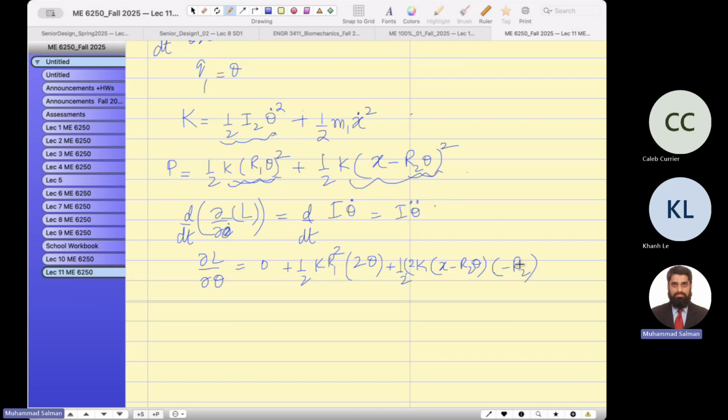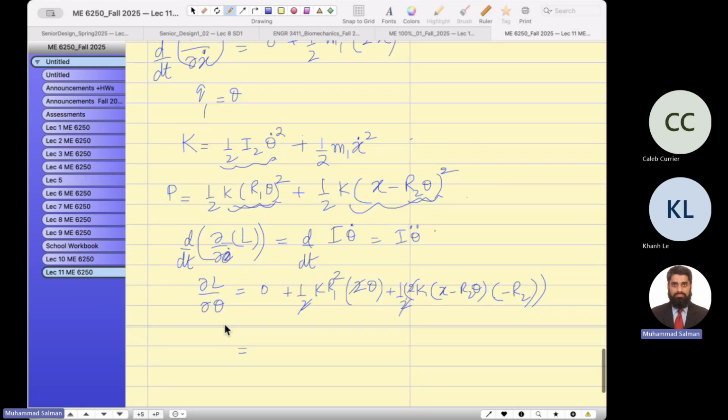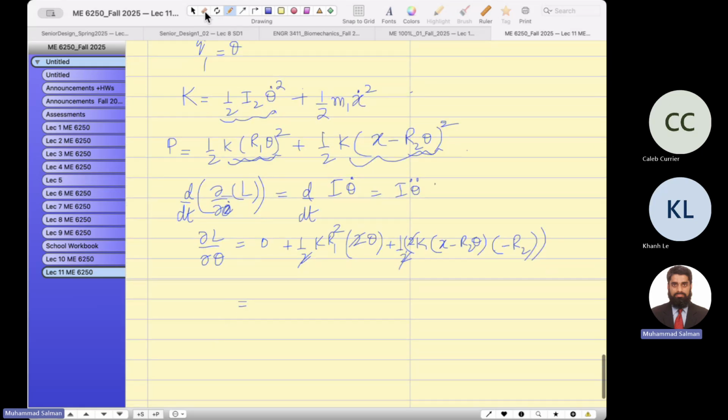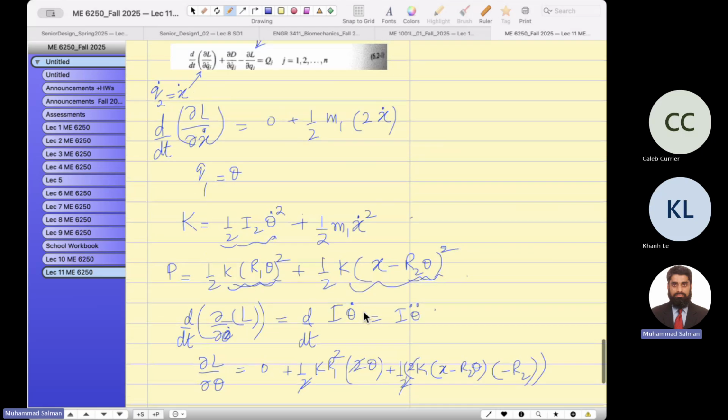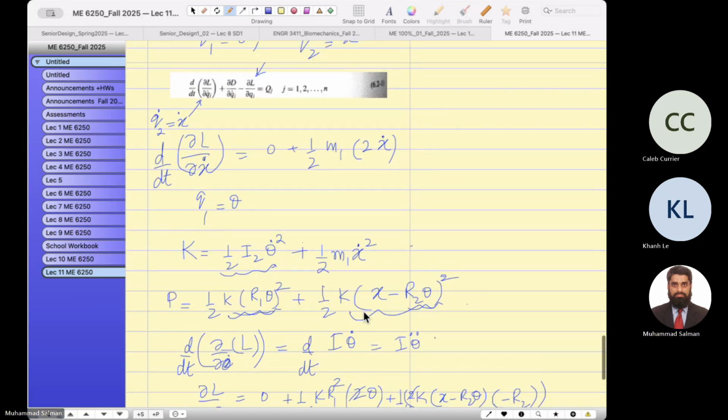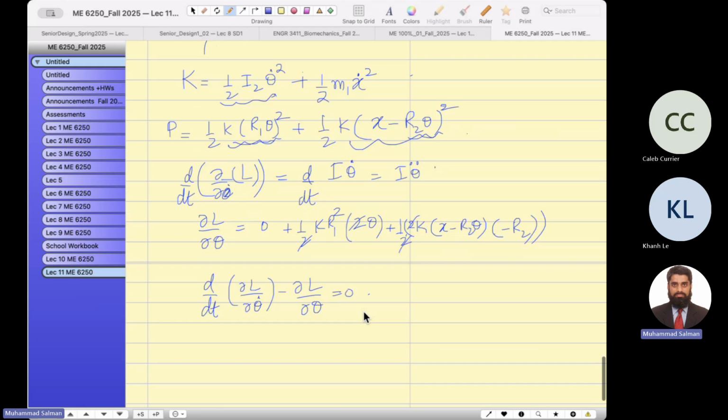So let me write down the equation of motion here without the damper, so we don't need to worry about the third term. So delta L over delta theta. The first term is I theta double dot.